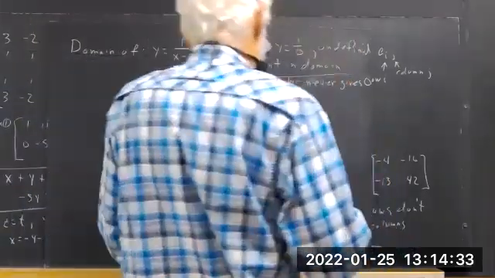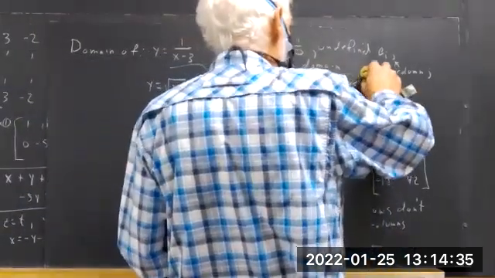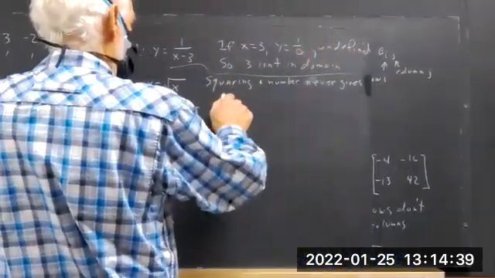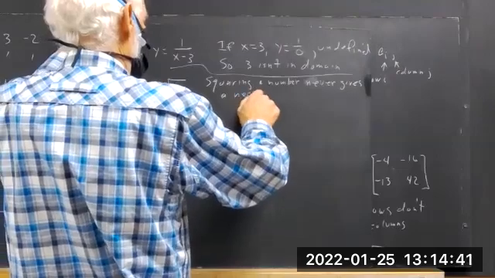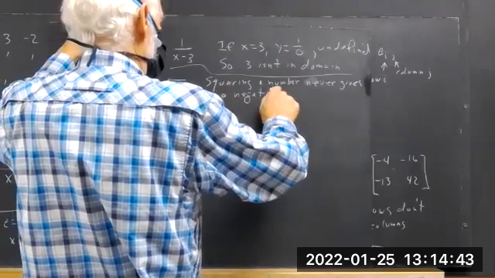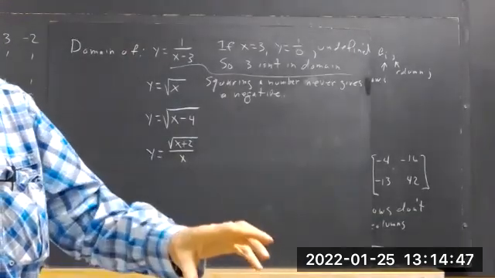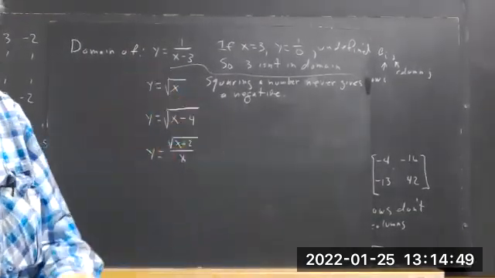Yeah, that's totally wrong. You can square 0 and get 0. Squaring a number never gives us a negative. Whatever number you square, you can't get a negative number.